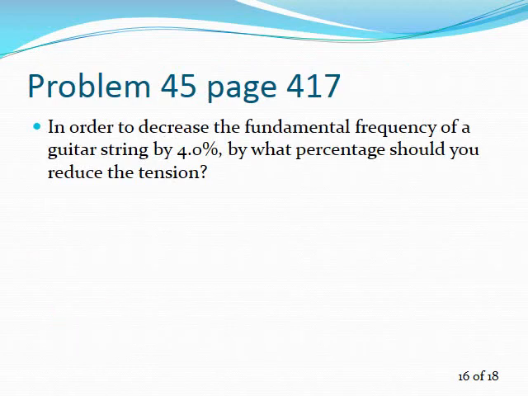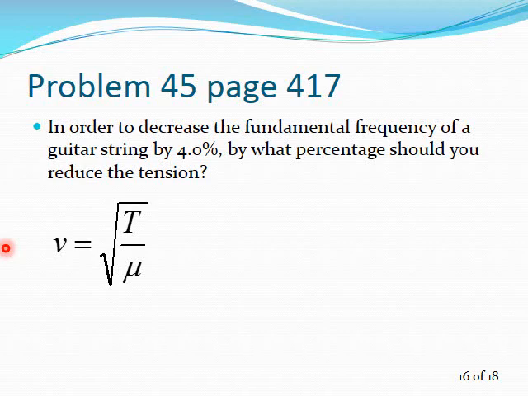All right, let's try to use some of these ideas to solve a problem. The problem is, in order to decrease the fundamental frequency of a guitar string by 4%, by what percentage should you reduce the tension? In order to do this, I know the velocity of a wave on a string is equal to the square root of the tension divided by its mass per unit length. What other information do I know?